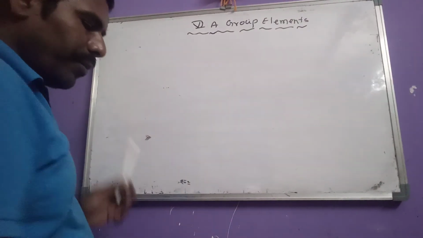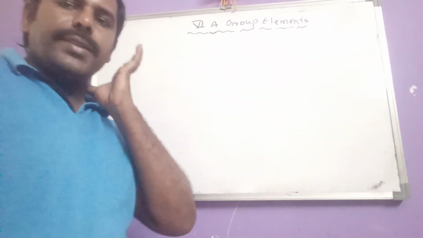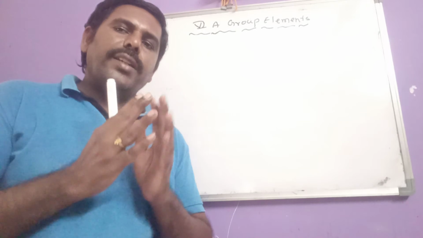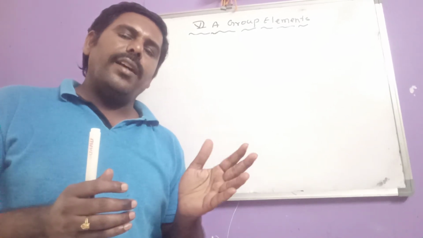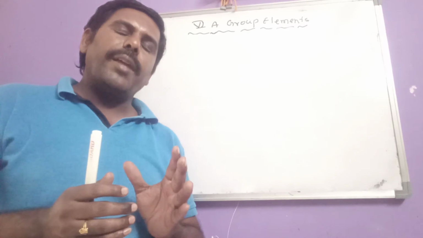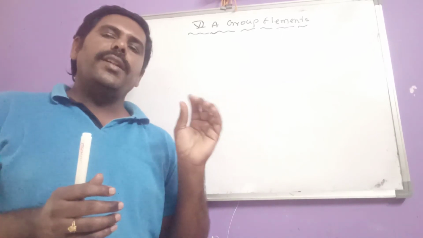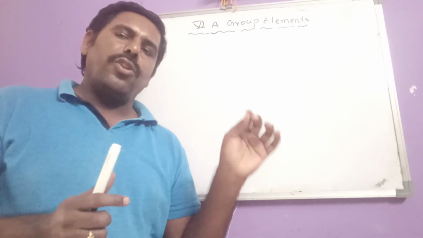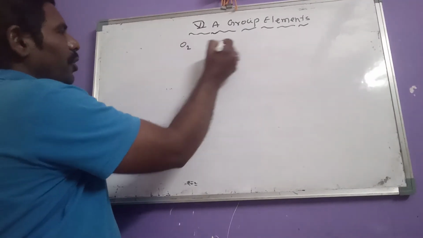Then let us go for allotropy. Allotropy means the existence of an element in 2 or more physical forms having the same chemical properties but different physical properties. Now oxygen has 2 allotropes.